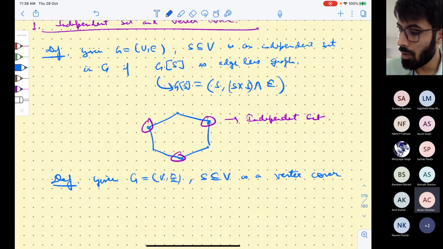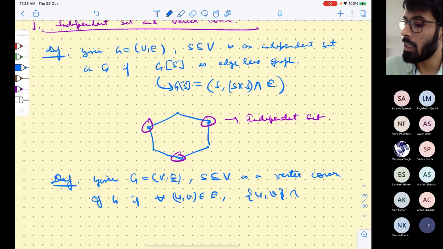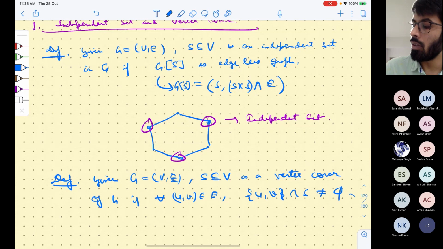S is a vertex cover of G if for all (u, v) in E, we have {u, v} intersection S is not equal to the empty set. Right. So what does this mean? This means that for every edge in the graph, at least one of its endpoints has to be in the vertex cover, in the set.